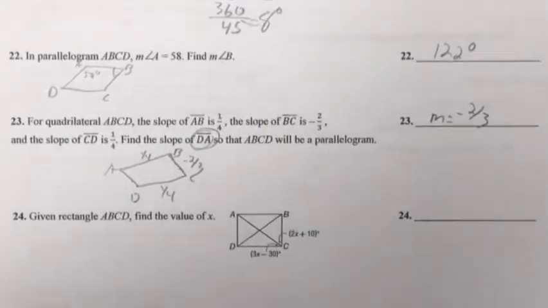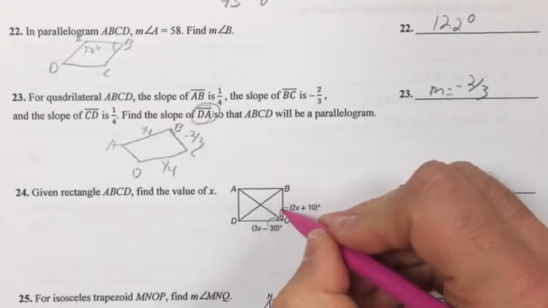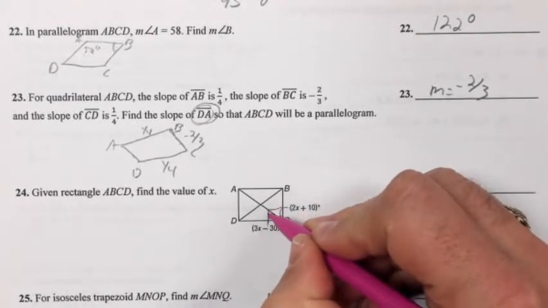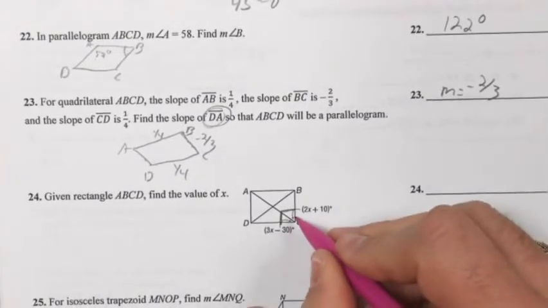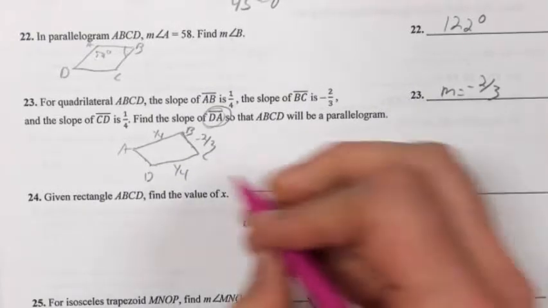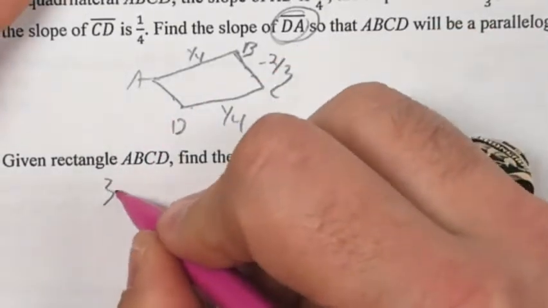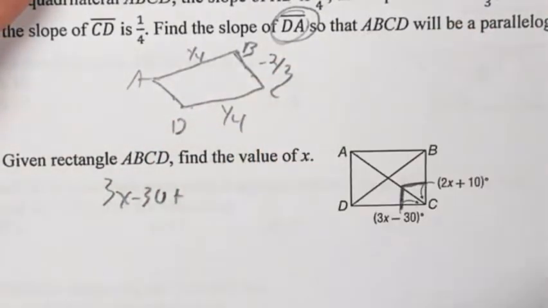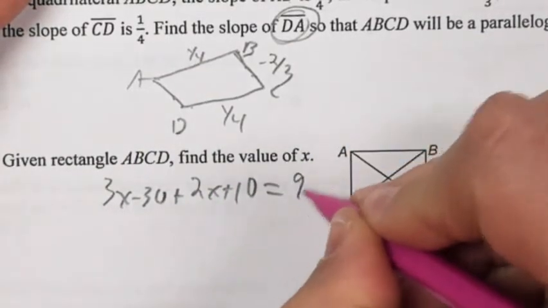Number 24. We have this rectangle. Find the value of x. Well, we're going to take advantage of the fact that each angle of a rectangle is 90 degrees. So these two are complementary. They have to add to 90. So 3x minus 30 plus 2x plus 10, add those together and we get 90.